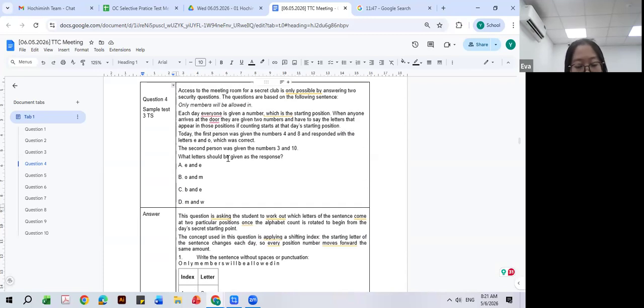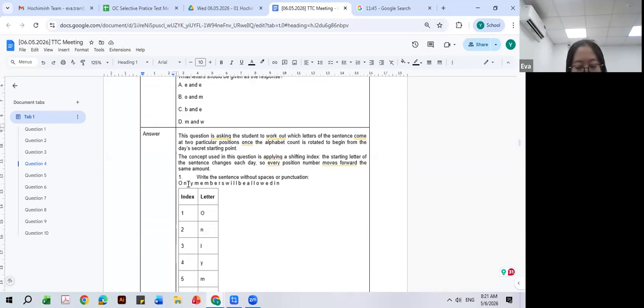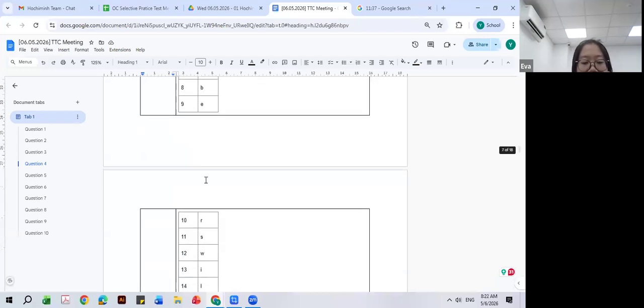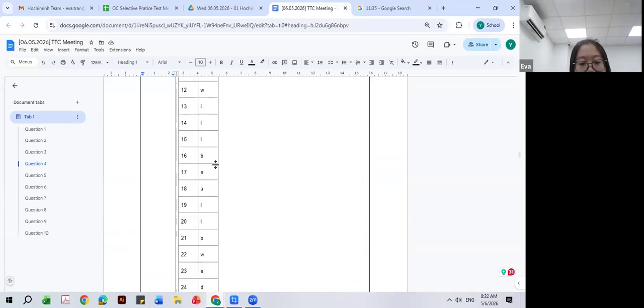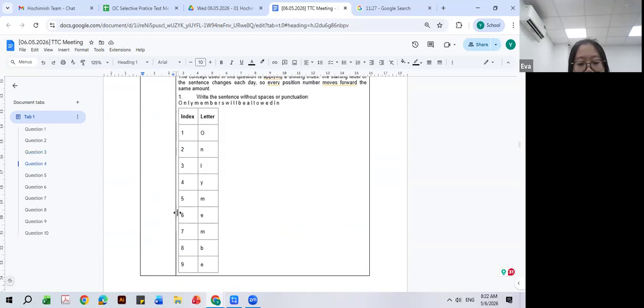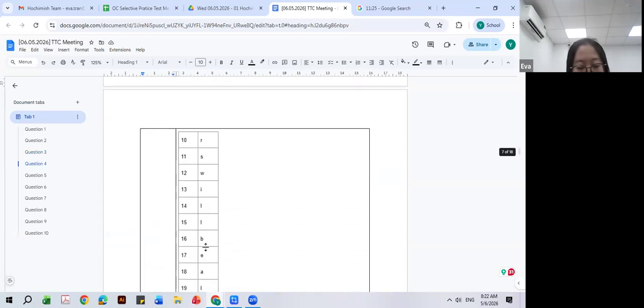So first we will list the letters and mark the number for each letter. And we have the following table. Number 4 is E and number 8 is O. We have E here for 6 and E here for 17.